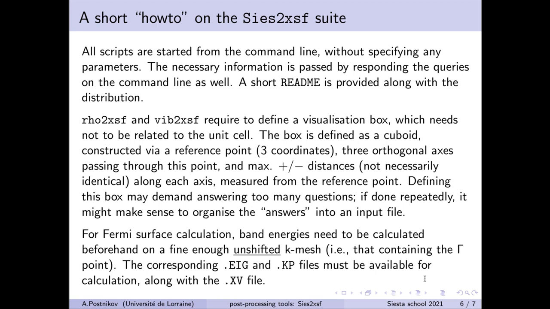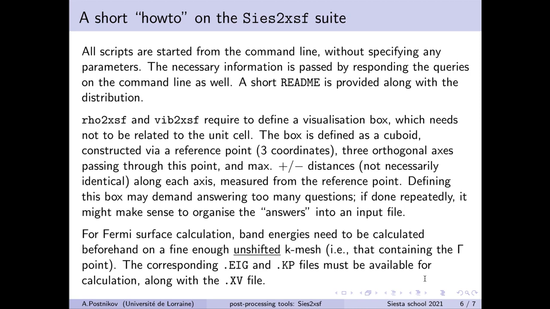One should mention that for some of these tools, one has to define a visualization box. That is the volume or the shape within which the atoms will be selected and visualized. This box does not need to be identical or anyhow related with the unit cell or the supercell used in the calculation, and one just needs to know how to define the size and the position of this box.